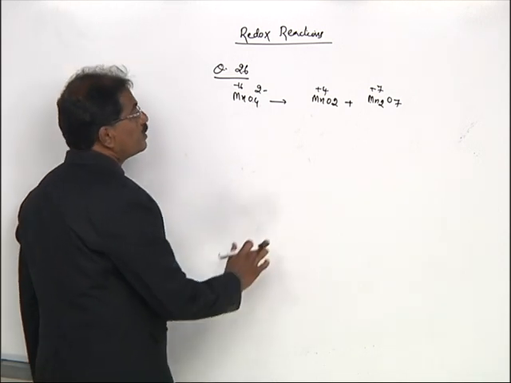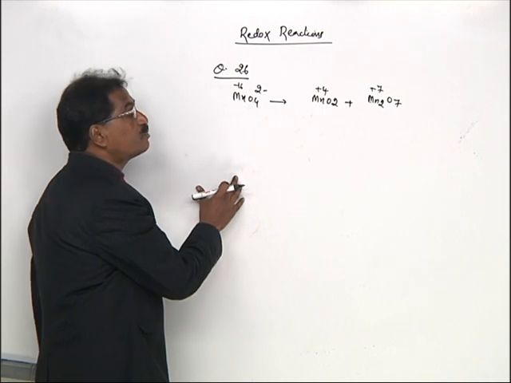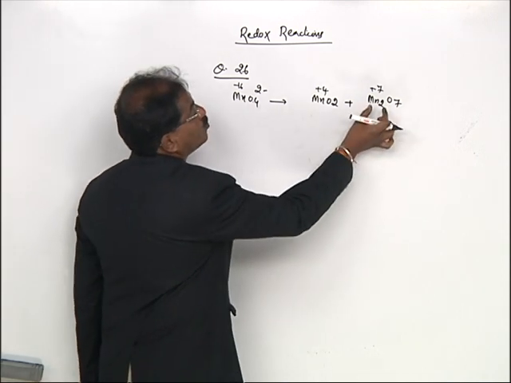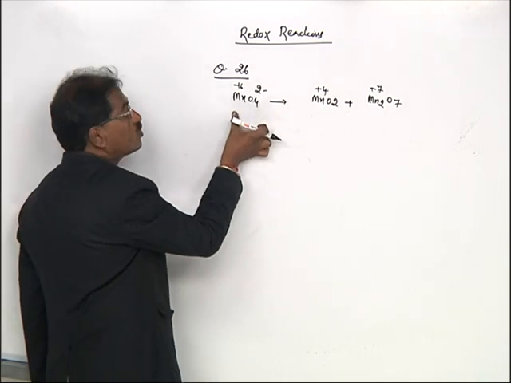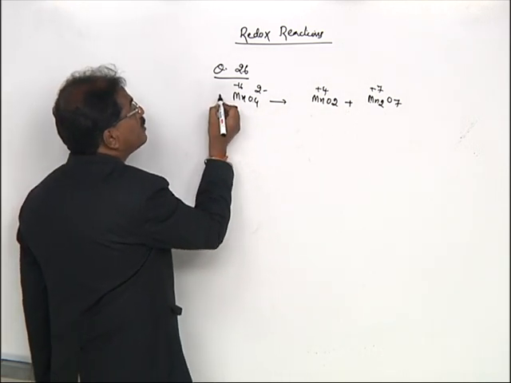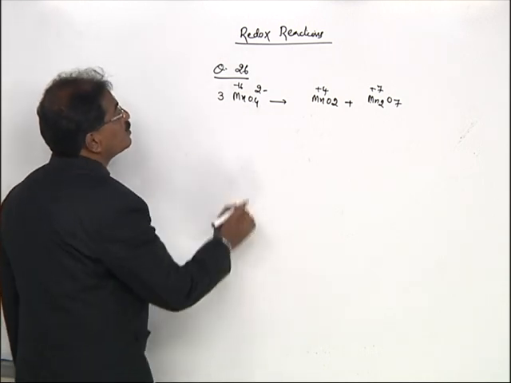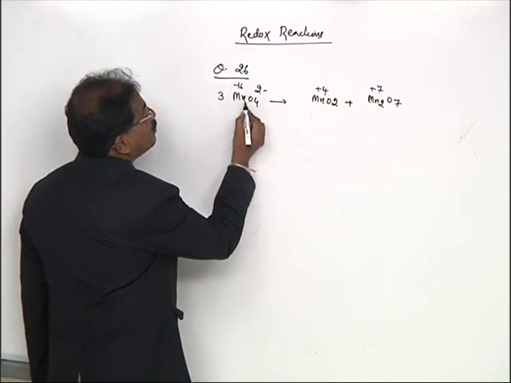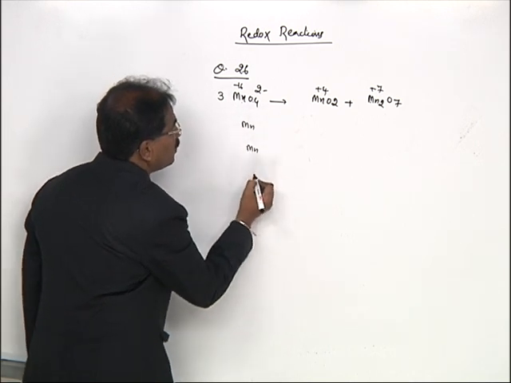For that purpose, first you balance the atoms which are participating in the disproportionation. Here you see 2 manganese atoms plus 1, total 3 were there, but here only 1 is shown. Therefore, first you balance the manganese atoms which are undergoing disproportionation. That means 3 moles of the MnO4 2 minus is participating. I am showing those 3 moles separately.